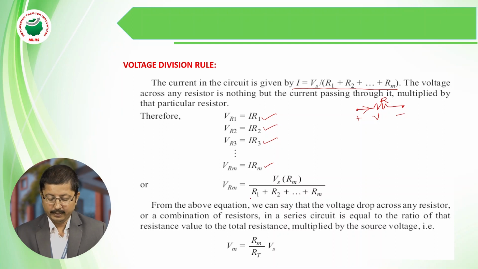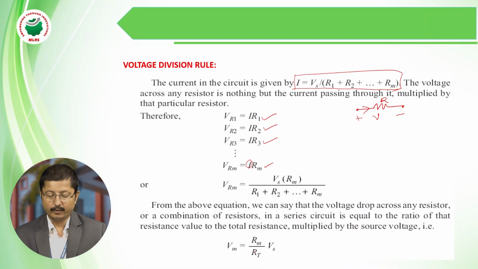Then finally we can substitute in place of I the total current, that is I equals Vs divided by R1 plus R2 plus up to Rm.